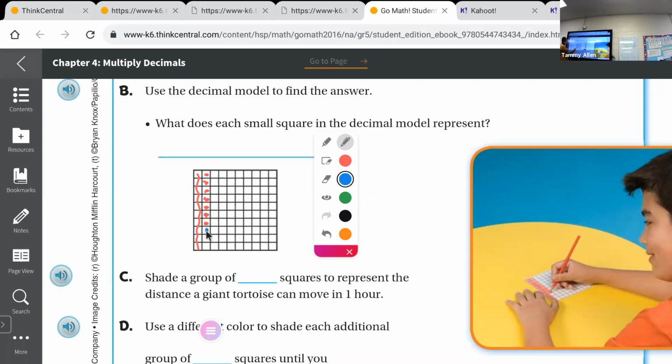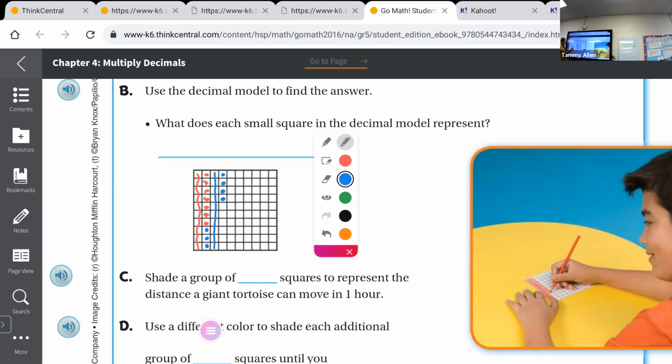There's 1, 2, 3, another 10, so that's 13, 14, 15, 16, 17 hundredths in the second color. So how many hours has the tortoise been moving? 2 hours so far, right?